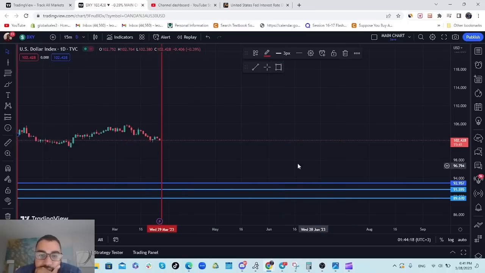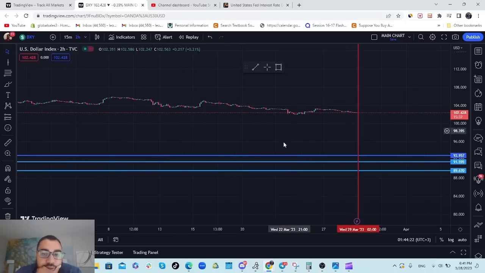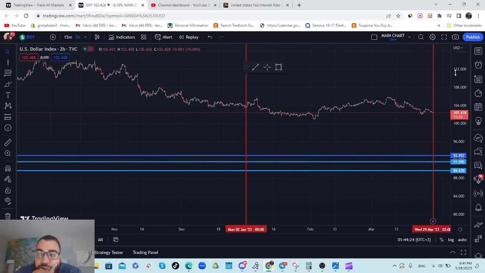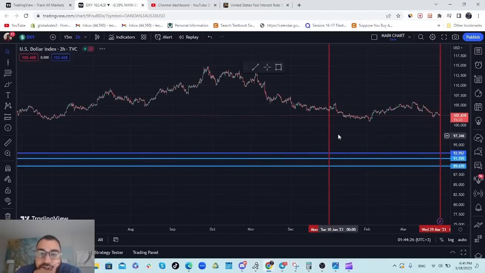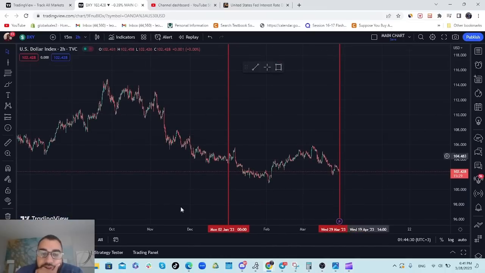Yep, actually, move back to a 2-hour. The dollar moves very slowly, so we can see here it was around 103. It jumped back up to about 106 at the beginning of the year, but this thing is going down right now.